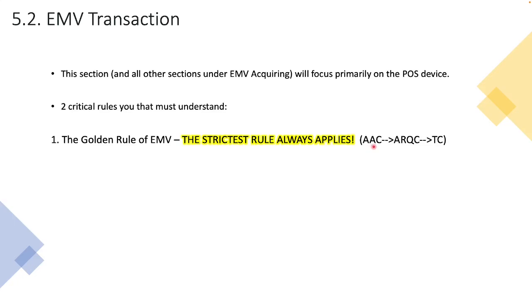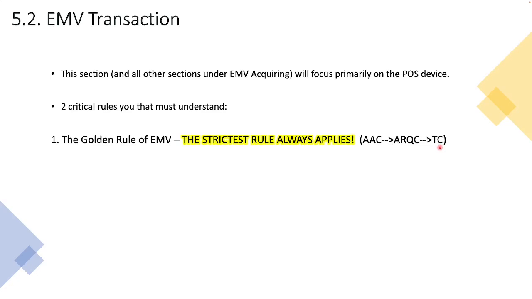And if you can't find a reason to decline a transaction, then we're going to try to send it online for an issuer host to further verify it. And so that's an ARQC. Okay, and if we don't find a reason for the transaction to go online, then we're going to settle for an approval, which is a TC.